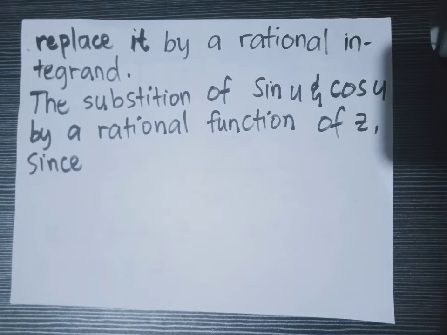The substitution u equals 2 arctan z will replace any rational function of sine u and cosine u by a rational function of z.